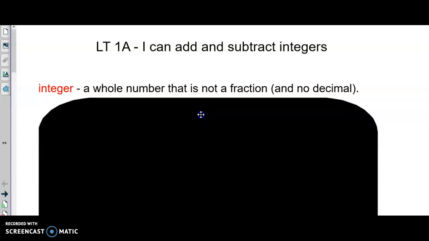All right, so an integer is a whole number that is not a fraction and there is no decimal. So it's a whole number that is not a fraction or a decimal.